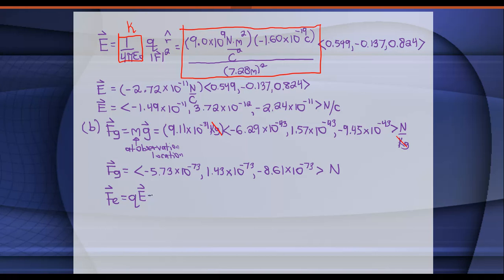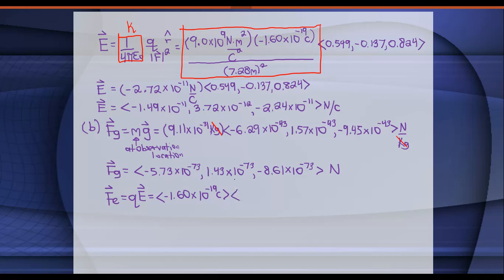At the observation location, we have another electron, so it's 1.60 times 10 to the negative 19 coulombs. Again, this is not the absolute value of charge in this equation. This is the actual charge. I know in physics 30, we typically wrote everything down in absolute value in this equation. Well, that's because we weren't doing vector math then. We were calculating the magnitude and the direction of the forces and fields separately.